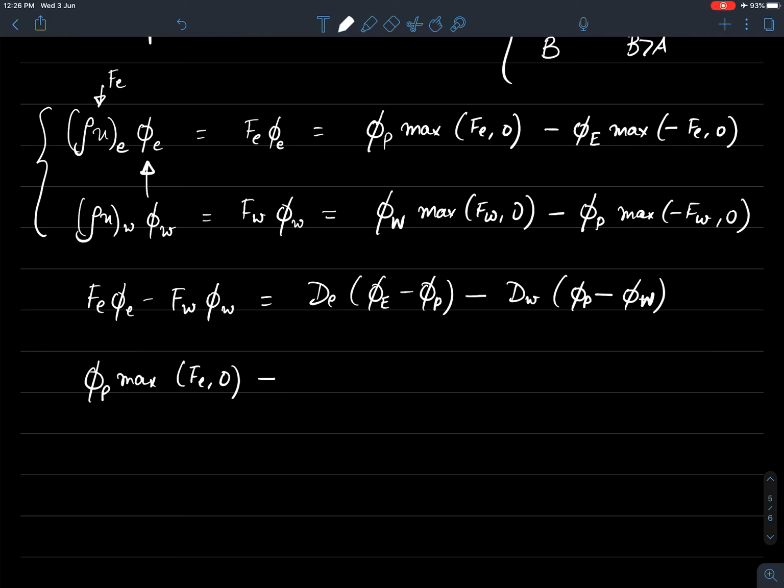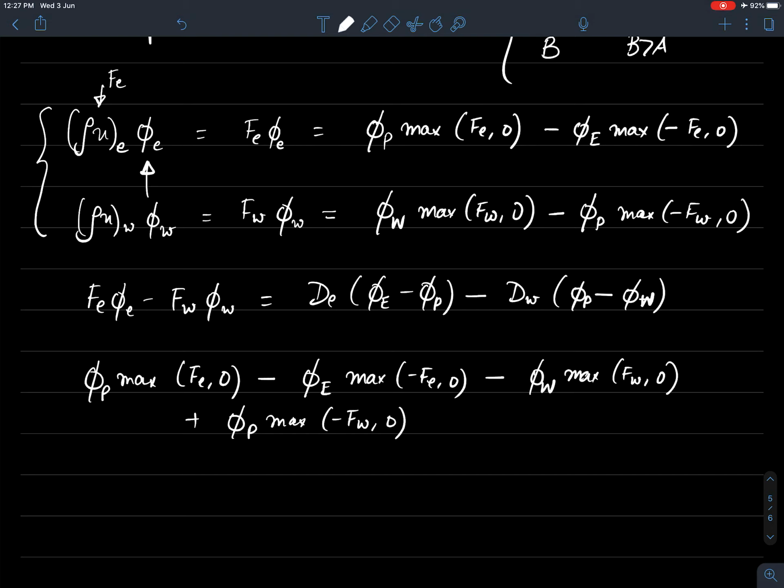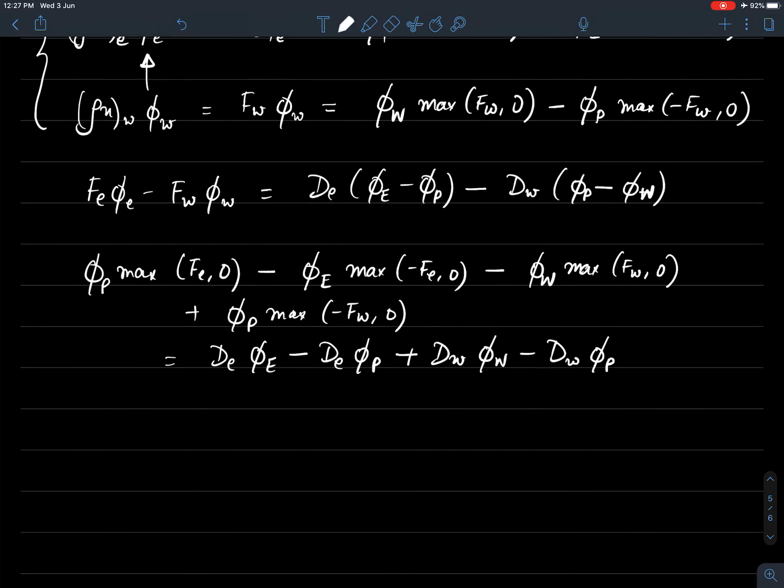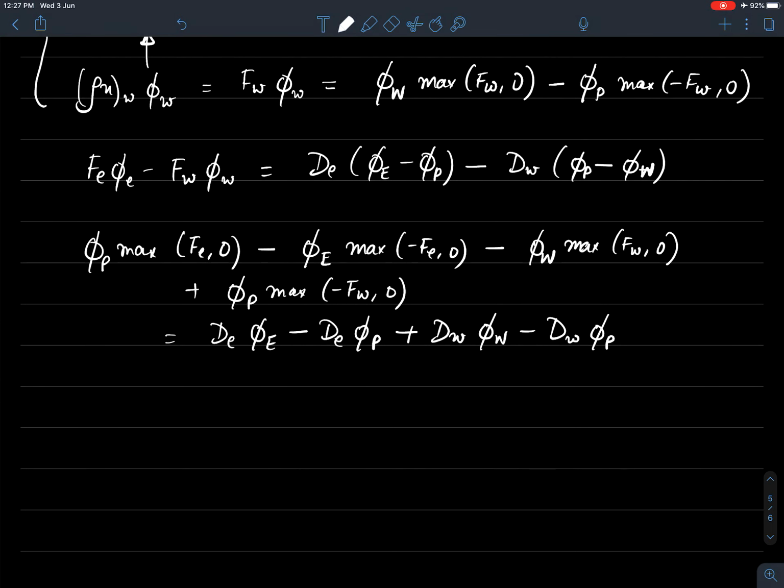So we have phi p max of fe comma 0 minus phi e max of minus fe comma 0 minus phi w max of fw comma 0 plus phi p max of minus fw comma 0 is equal to de phi e minus de phi p plus dw phi w minus dw phi p.